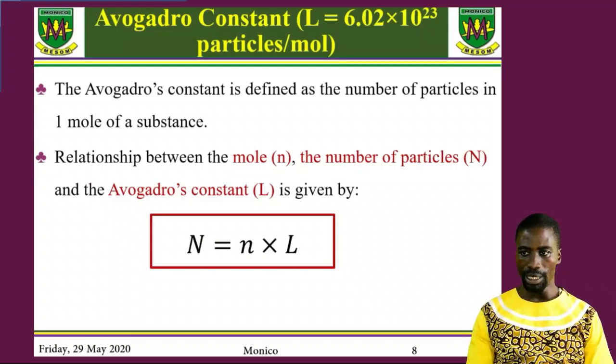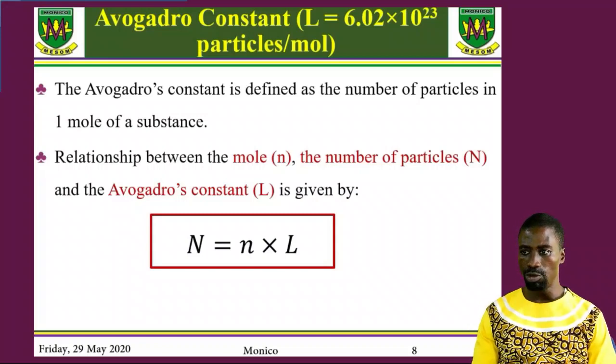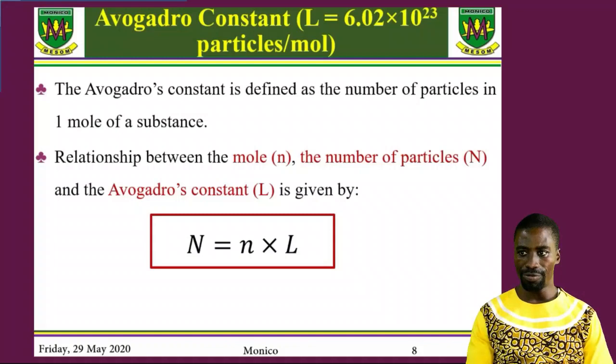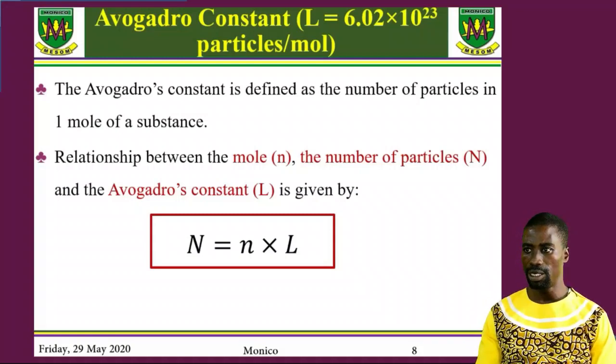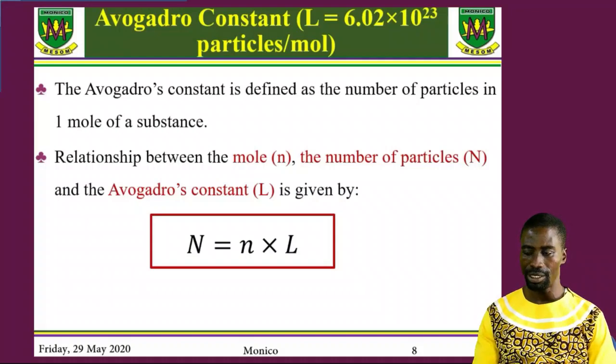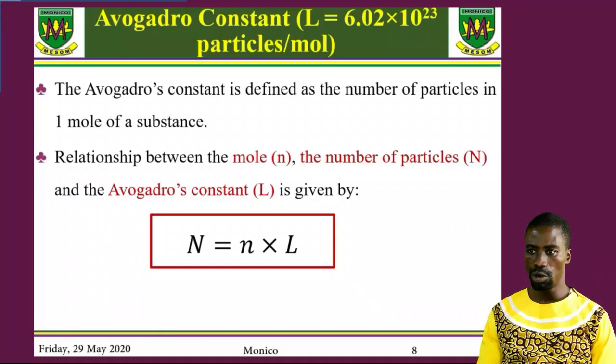You can play around with this relation to have it in different ways. Whether you have been asked to look for the number of moles, you can just change the subject nicely and then off you go.